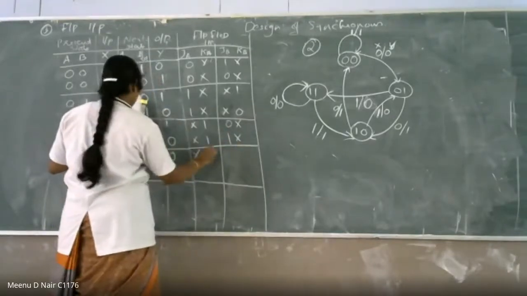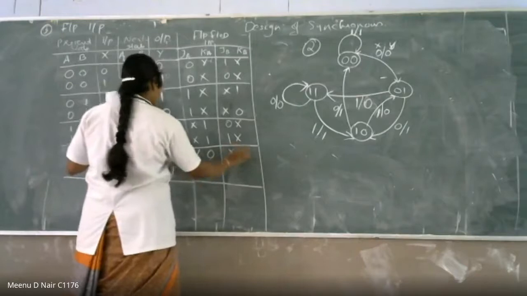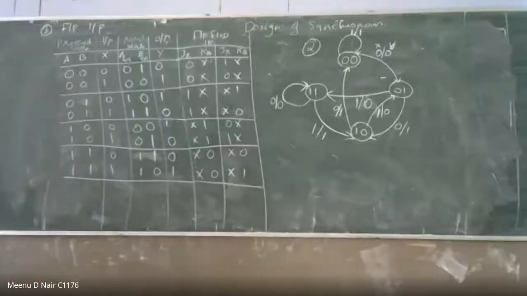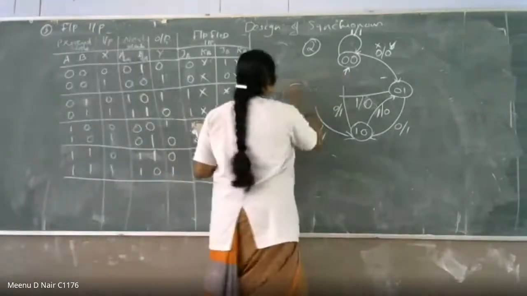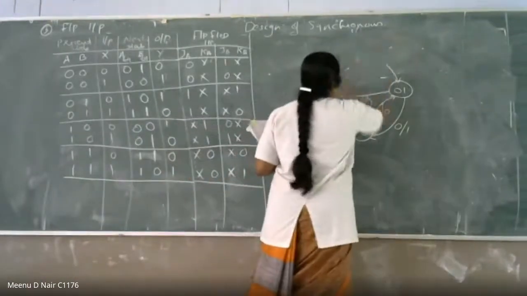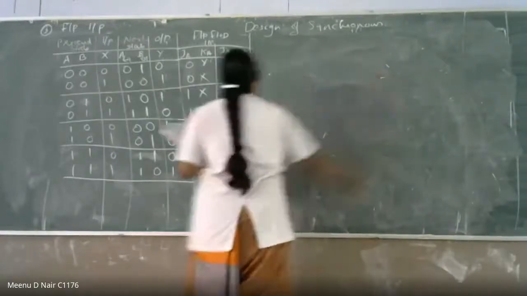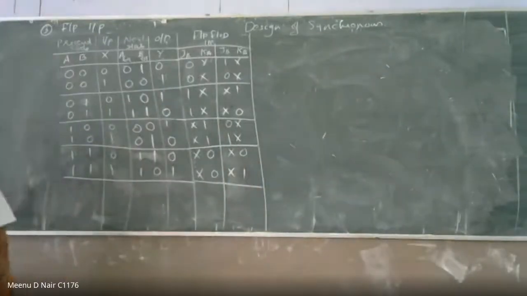This is x0, x0. Here it is x0, x1. Okay, so this is the thing. I think you already know that you can easily write the flip-flop inputs JA and KA for the JK flip-flop from the expressions.